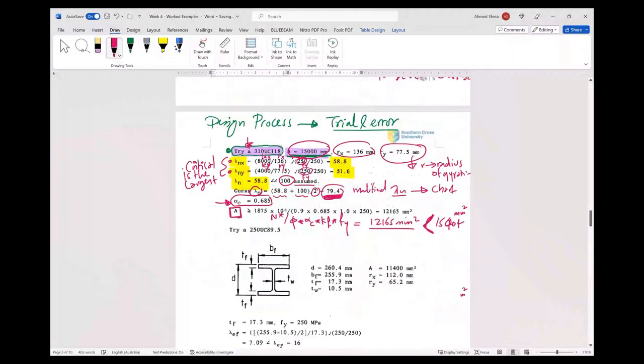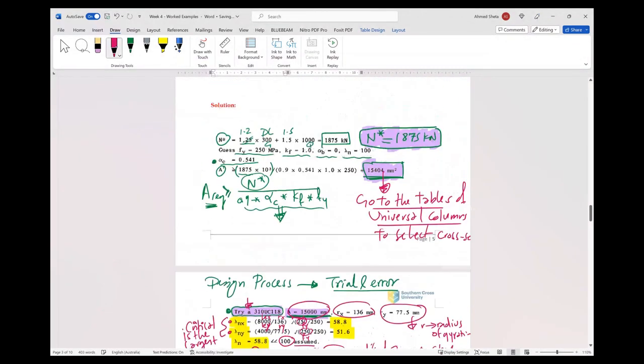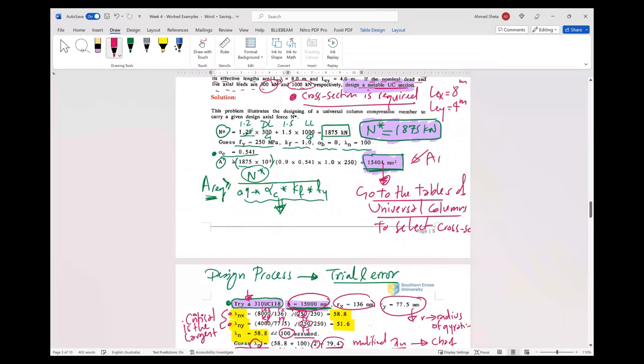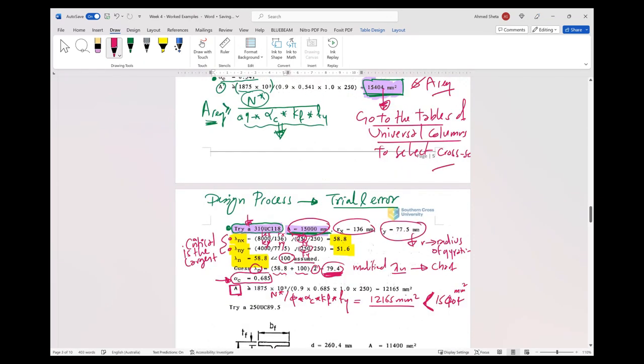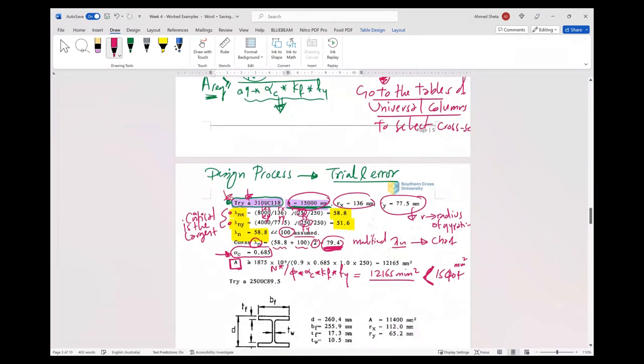Okay, so what we have done is we got an area required here. So we go to the table to find the closest section to it and make the steps we have done in the check in the previous example.